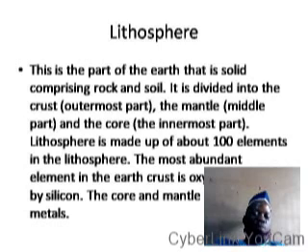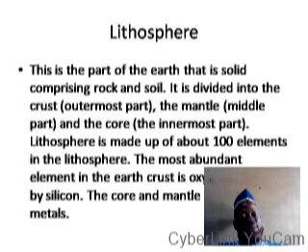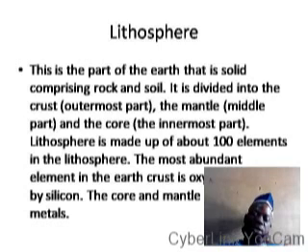Then we have the innermost part, which is called the core, the Earth core. There are about 100 elements in the lithosphere. All the elements that we are talking about, there are about 100. The other elements can be manufactured by nuclear reactions.